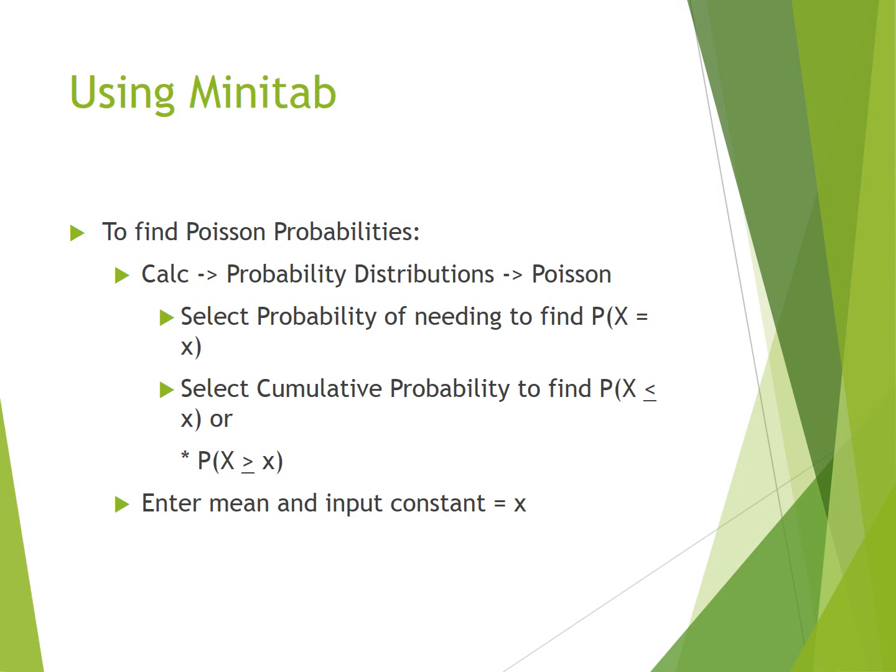You have your choice of probability, which we're going to select if we're looking for the probability that x is equal to some individual number, or the probability that x is less than or equal to, which is cumulative probability, and we're never going to do inverse cumulative in this class. You're going to enter in the mean and the input constant to be x, and then click OK, and Minitab will tell you what that probability is.